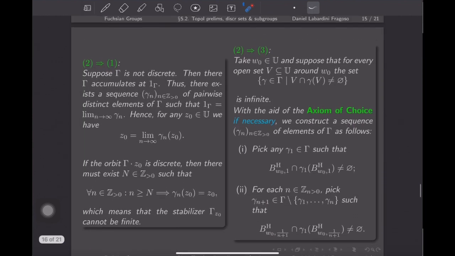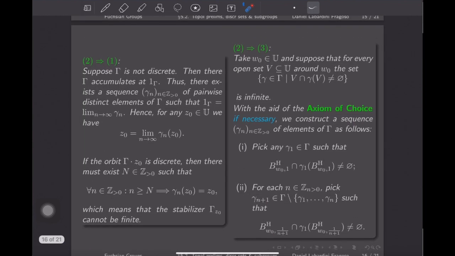Now, if this one is discrete, so if this one doesn't accumulate, let's say just in itself, then you see, here I'm writing Z naught as a limit of elements in this orbit, but then Z naught would not be an accumulation point. So that forces this sequence to be stationary.